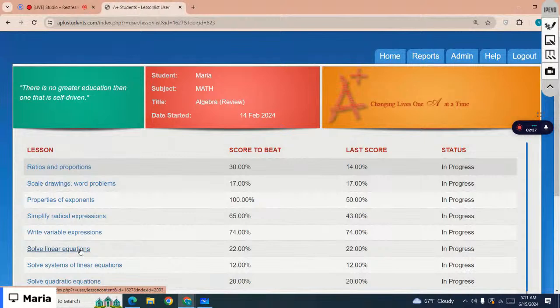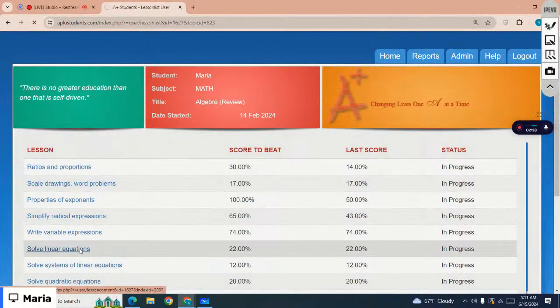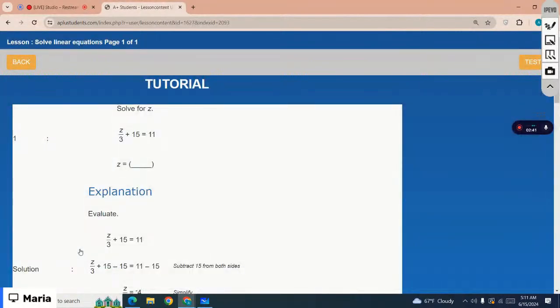The first example is z divided by 3 plus 15 equals 11. You have to solve this equation for z, right? You have to do step by step inverse operations and solve the equation.